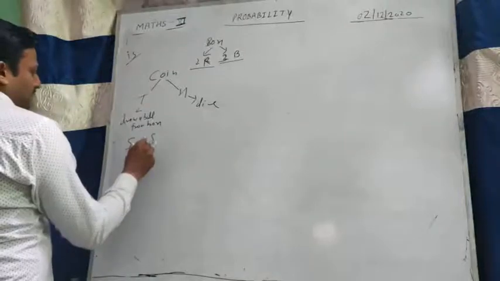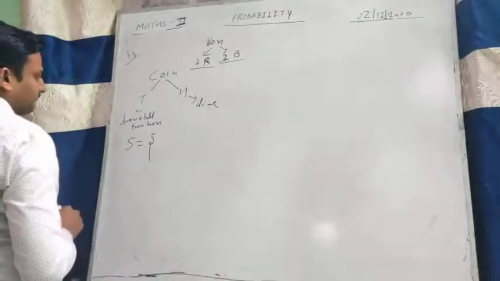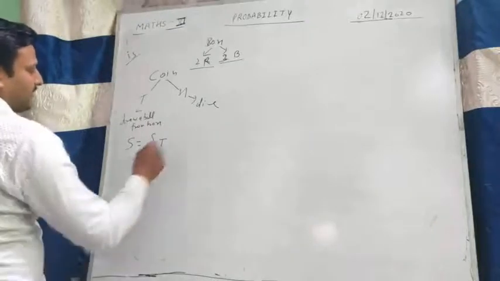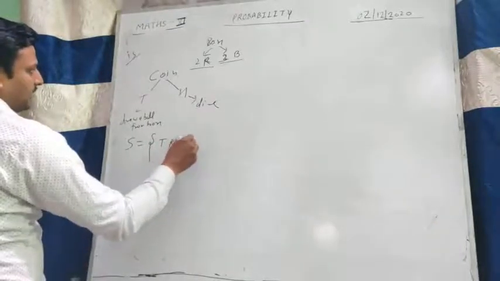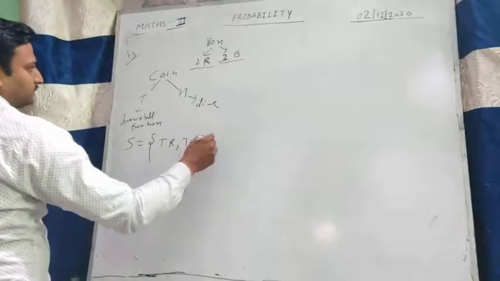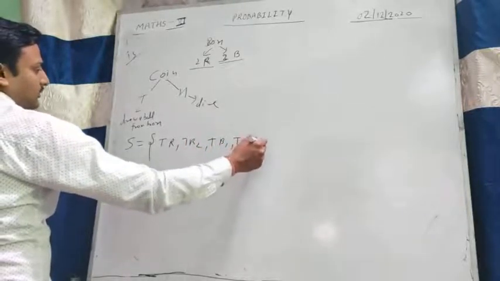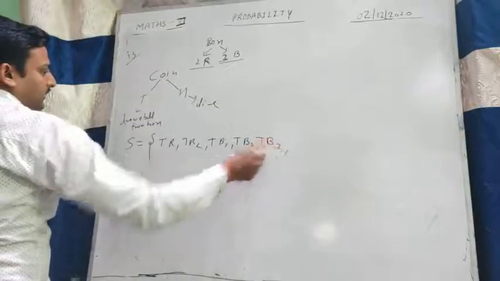So what will the sample space be? If it is a tail: TR1, TR2, TB1, TB2, TB3.